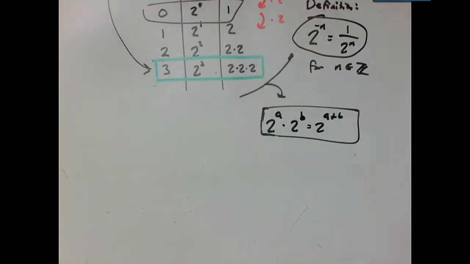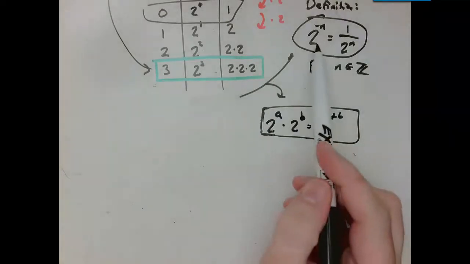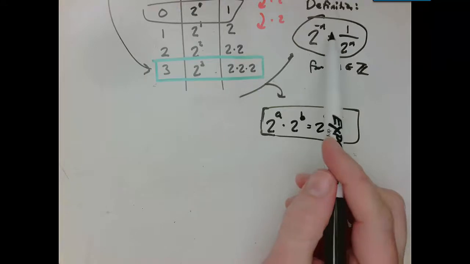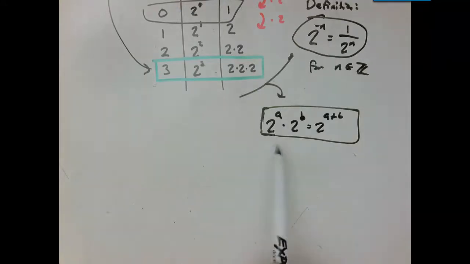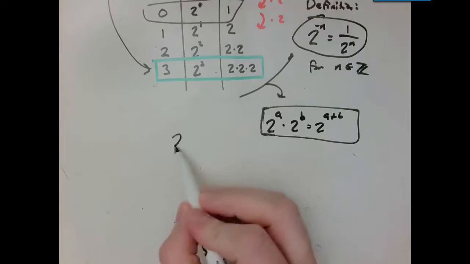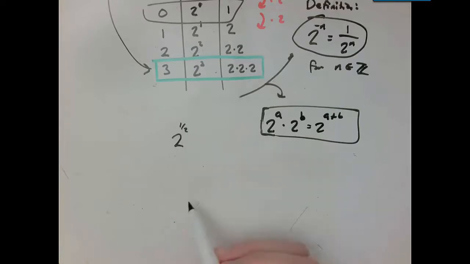So armed with this idea that we want to extend the definition for exponents, keeping these rules true, we can think about what should make sense for 2 to the 1/2.